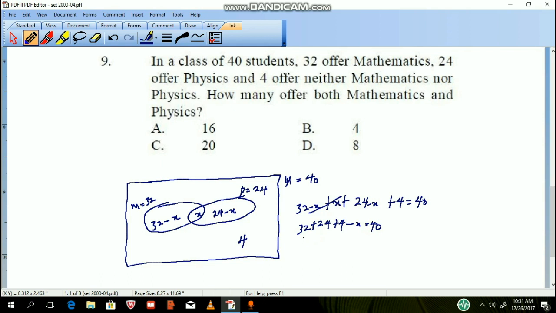So 32 plus this, that will be 56. 56 plus this, that will be 60. So we have x will be equal to 60 minus 40, which will be equal to 20. So how many of our both subjects? That will be 20. Option C.